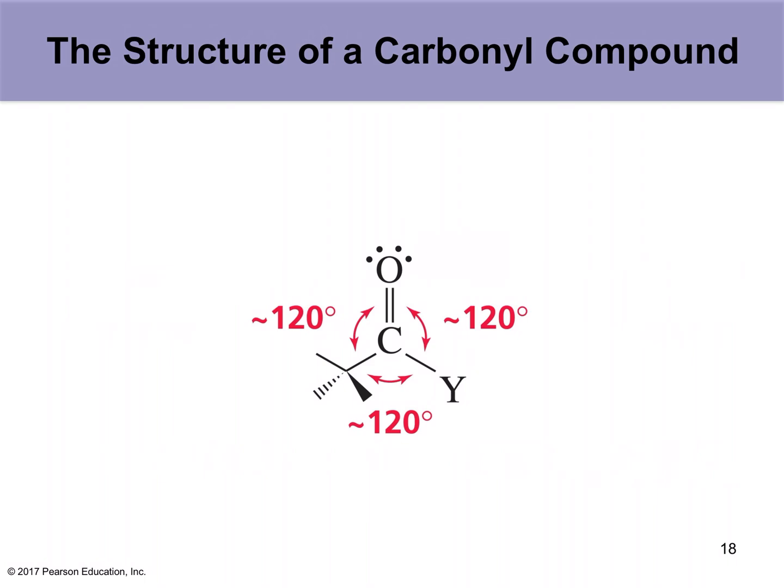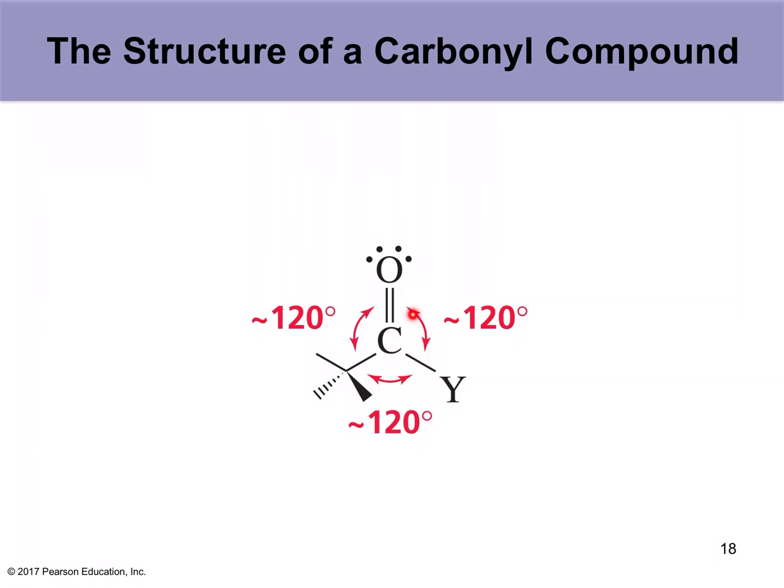This is the structure of the carbonyl group, the carbonyl compound. Now you know the carbonyl compound is a very important structure in organic chemistry. Lots of reactions happen at the carbonyl group, right? And you can see it is sp2 hybridization, with 3 electron groups, and it is a trigonal planar molecule, electronic and molecular geometry.